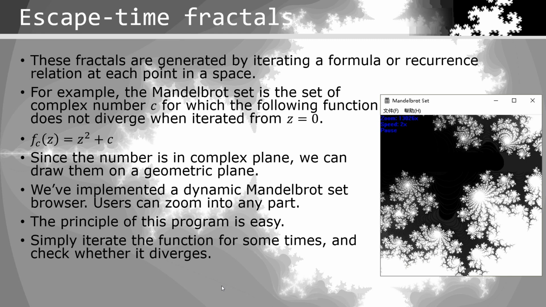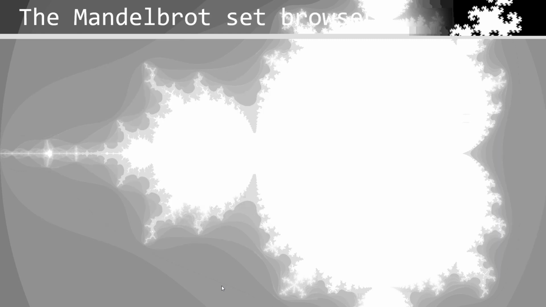We've implemented a dynamic Mandelbrot set browser. Users can zoom into any part. The principle of this program is easy. Simply iterate the function for some times, and check whether it diverges. Here we will show you how to use the browser.